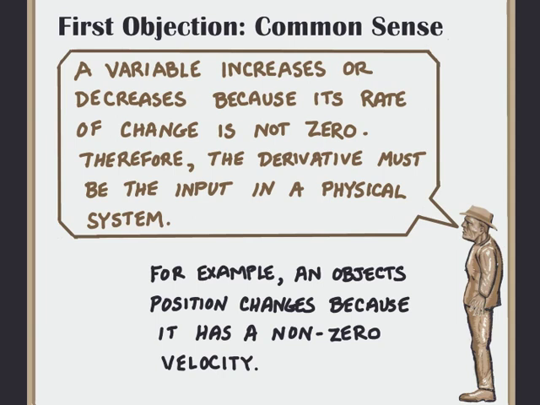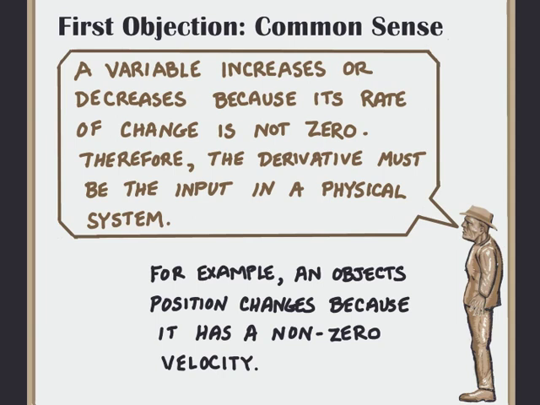The first objection that we have to improper transfer functions arises out of common sense, and it has to do with the relationship between inputs and outputs that a transfer function is. For a system, the input is the cause of the change of the output. So, if a differentiator were a legitimate physical transfer function, it would be saying that the derivative of a physical quantity changes because the physical quantity changes.